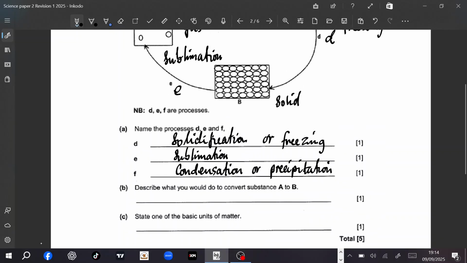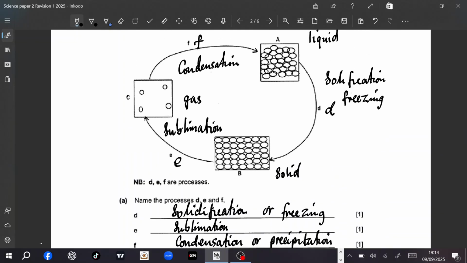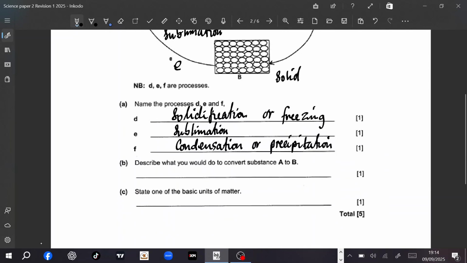Then they're saying, describe what you would do to convert substance A to B. So substance A, which is liquid, becomes solid. What can we do to substance A, which is liquid, for it to become solid? We remove heat from it by putting it in the fridge.